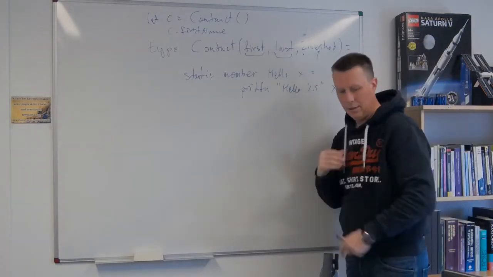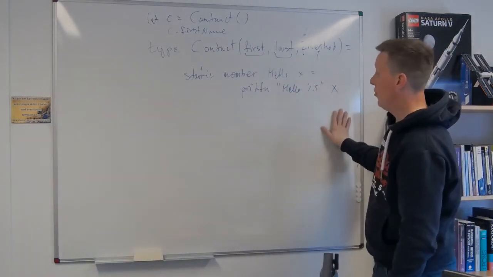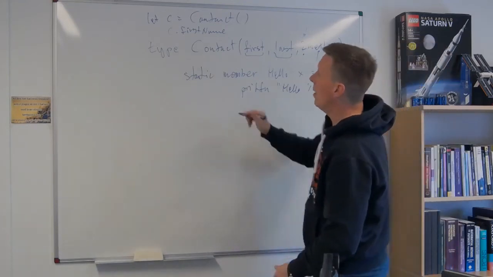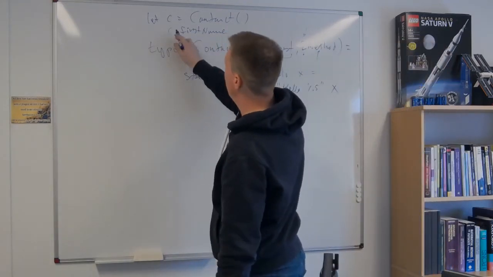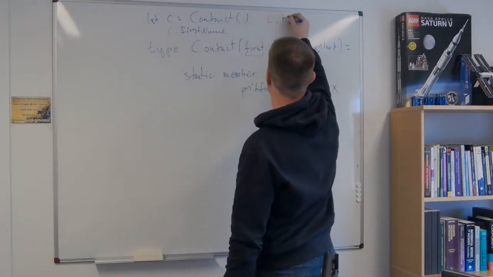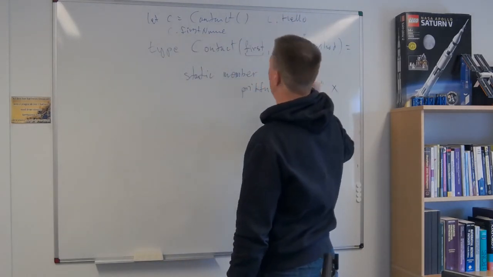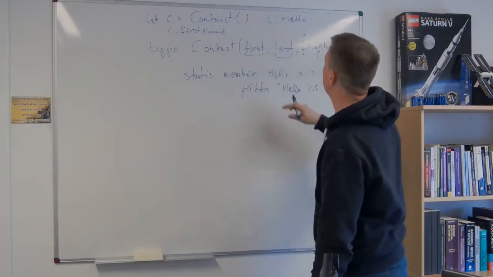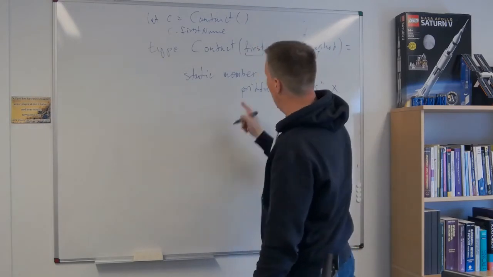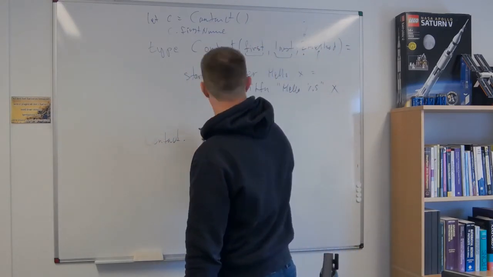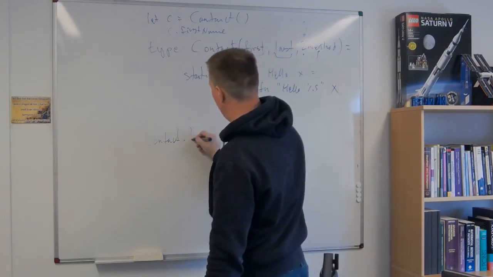Silly little function. But the thing is that I can't call this on an object. I created an object C, and I can't say C.hello because the object itself doesn't have it. To call this thing, I have to say the class name dot hello.